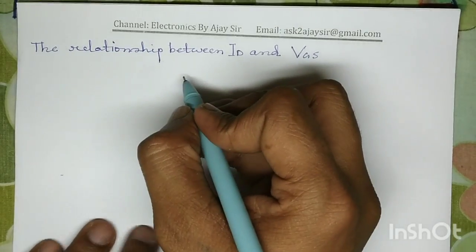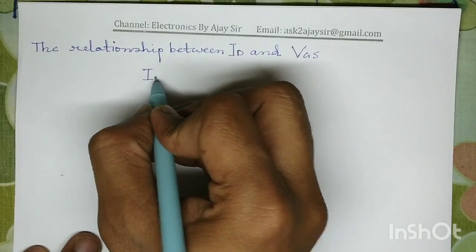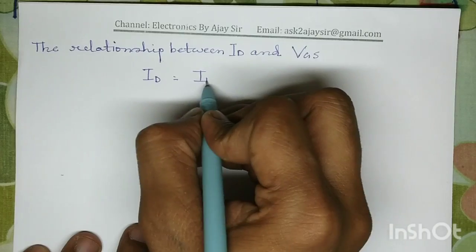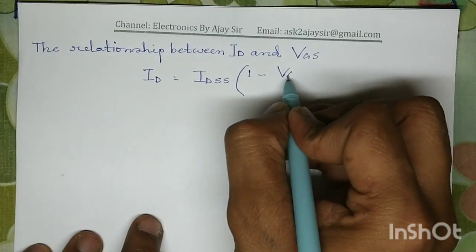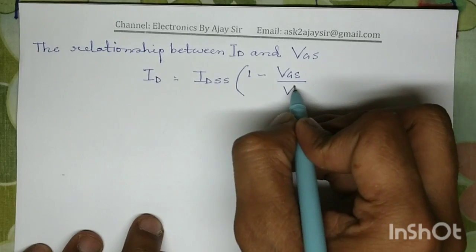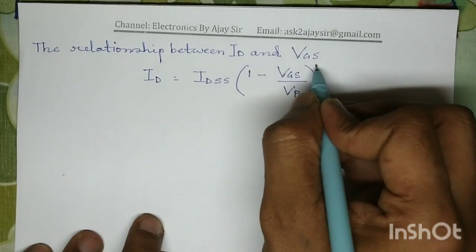The relationship between ID and VGS is given by the mathematical equation ID is equal to IDSS times (1 minus VGS by VP) whole square.